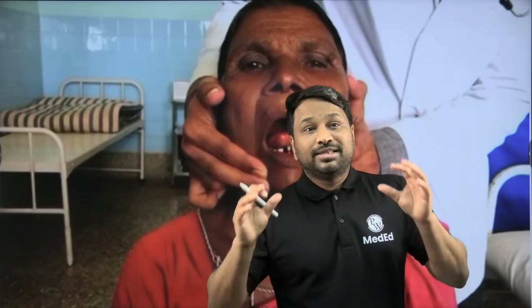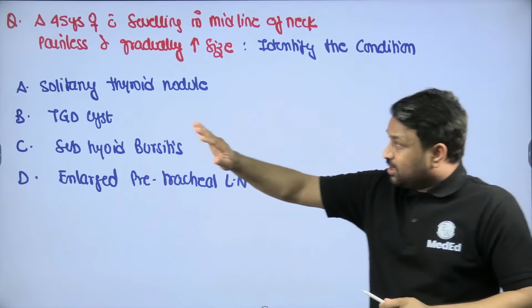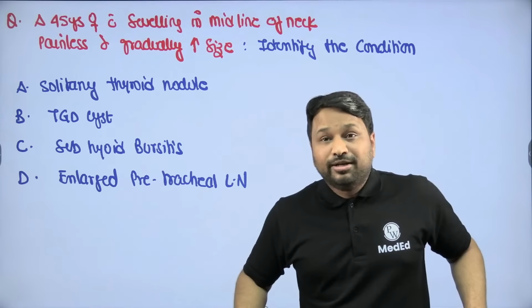So now you have a patient with swelling in the midline of the neck that moves upwards with deglutition and also with tongue protrusion. If you have a swelling that moves upwards with deglutition as well as tongue protrusion, what do you think is the right answer? Is it a solitary thyroid nodule? Is it a thyroglossal duct cyst? Is it a subhyoid bursitis or enlarged pretracheal lymph nodes?